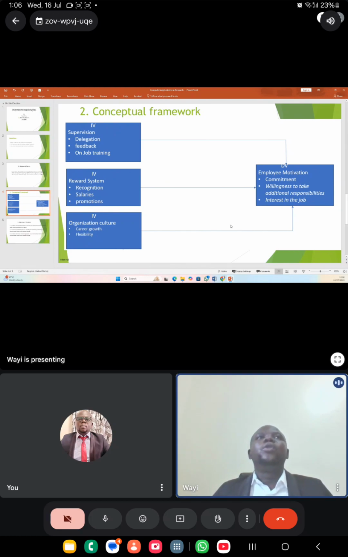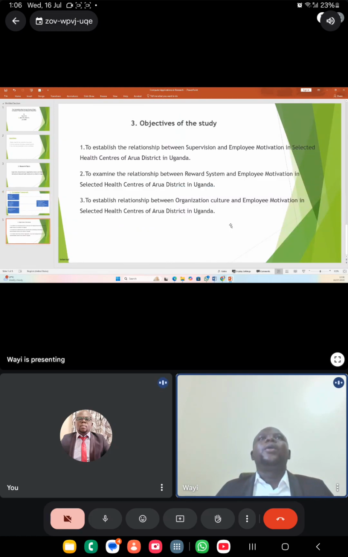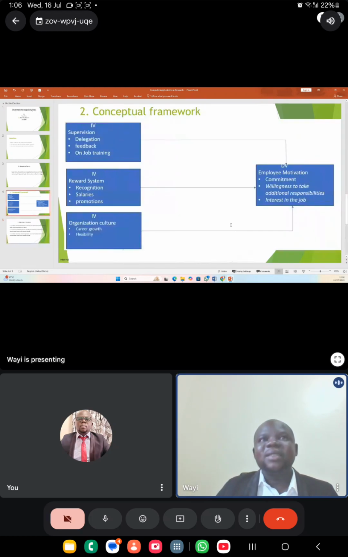So you will see that all these four elements, which are in our research topic, are well drawn in the conceptual framework. Now, from here, we find it easier to extract our research objectives. From our conceptual framework, you will extract the first objective from the first arrow.